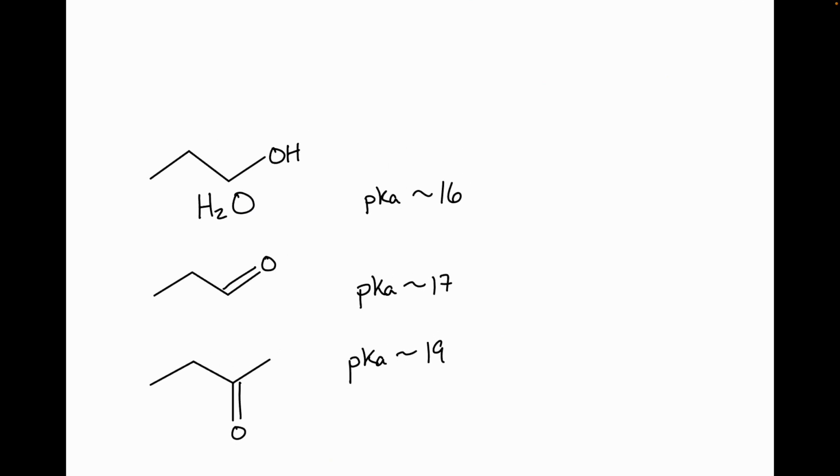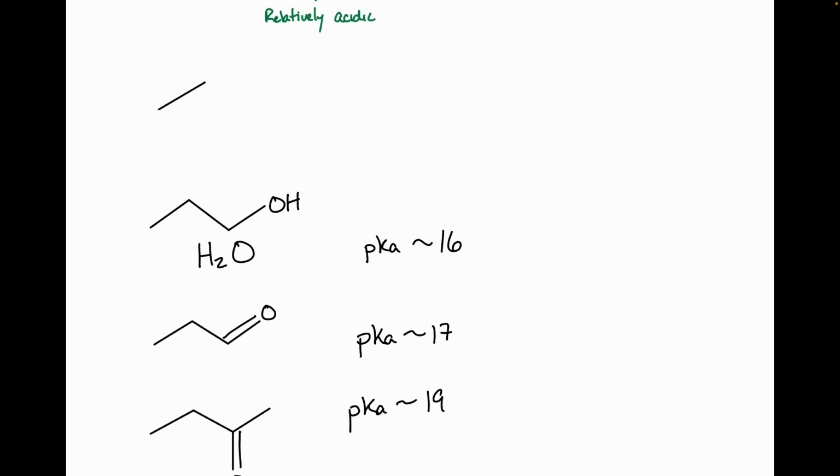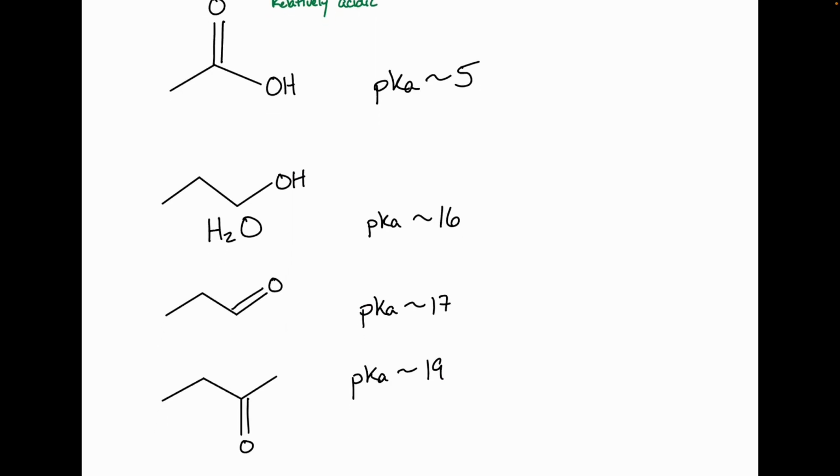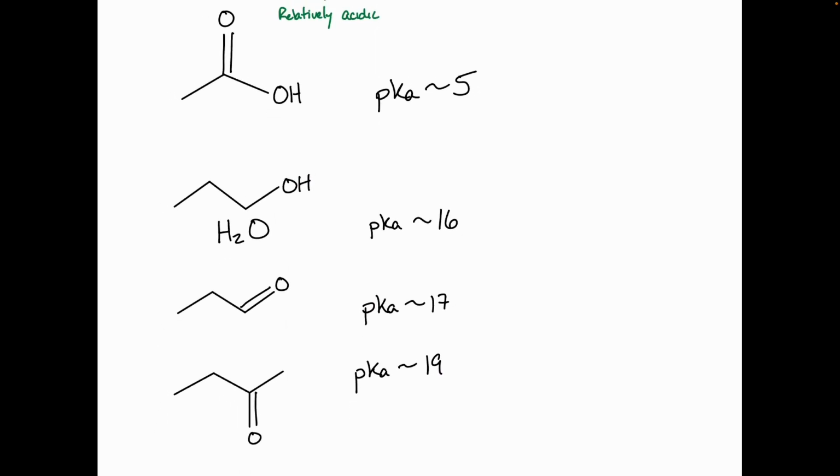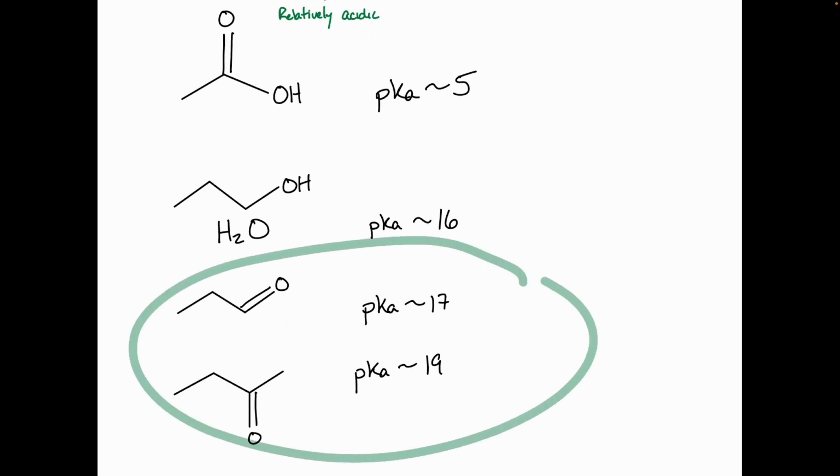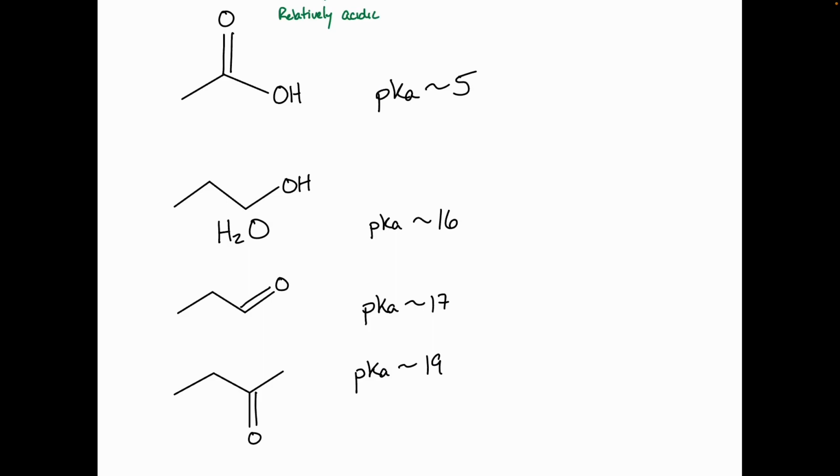In contrast, something like a carboxylic acid has a pKa of around 5, right? So these are good acids that can actually change the pH of a solution. So again, our aldehydes and ketones, nothing too crazy in terms of how acidic those hydrogens are.